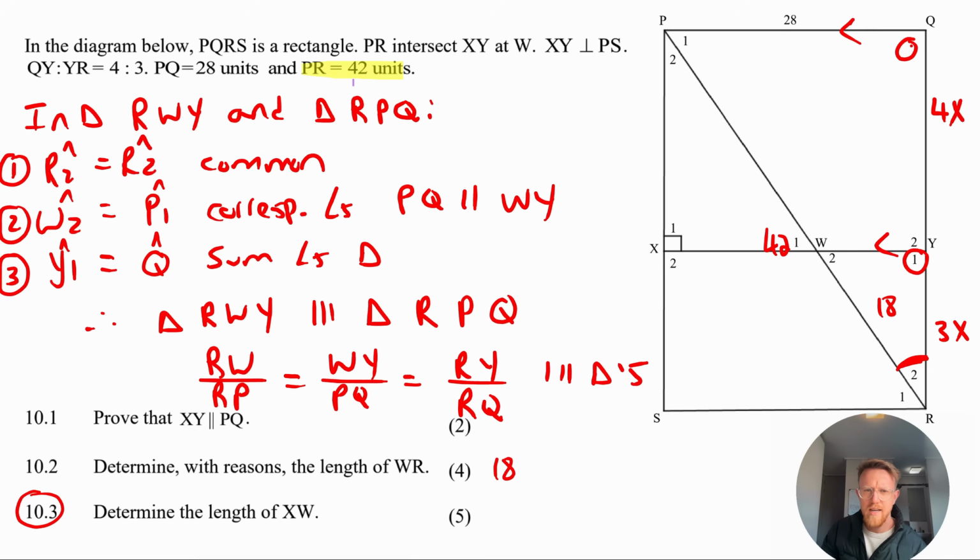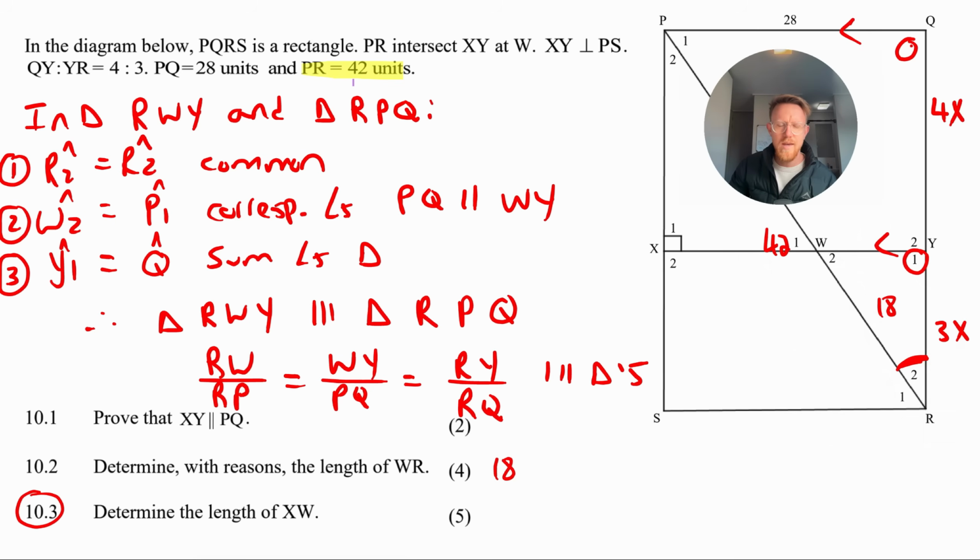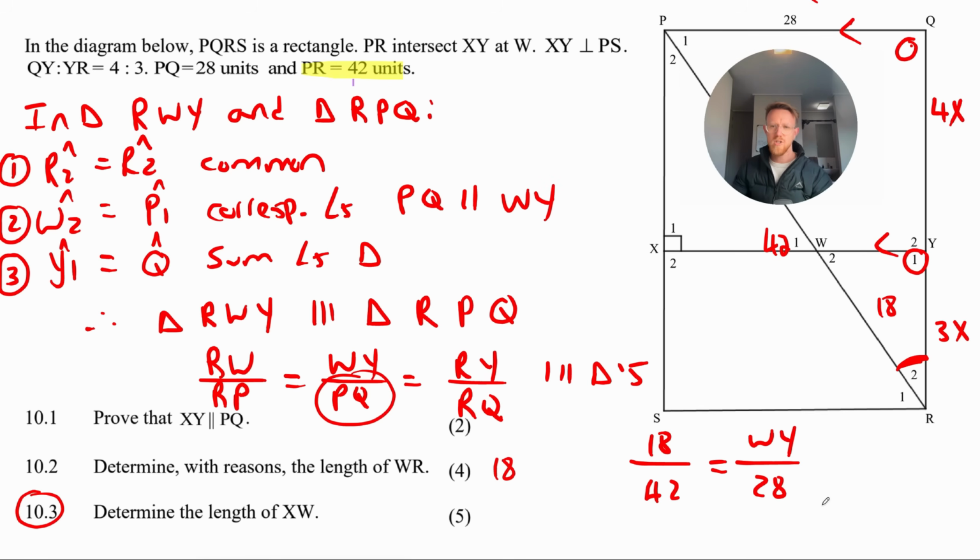Oh no, let's fill in what we have first. Do we have RW's length? Yes, RW is 18, so we can fill that in. RP is 42. WY is the unknown. And then PQ is 28. Okay, we don't need to go any further. We can actually just stop right there.